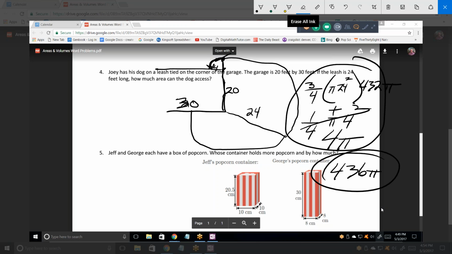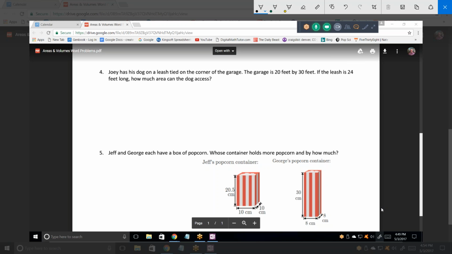Now let's look at the next one. What's the answer going to be to solving this? What do I have to do? Hold up. Is it an area problem? Is it a volume problem?